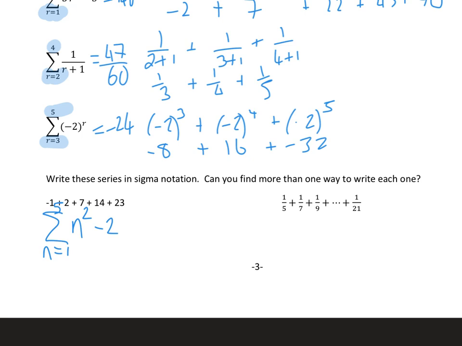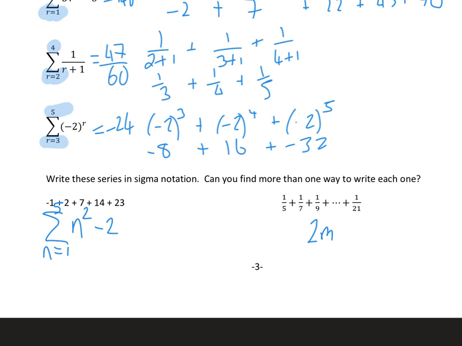Okay. The next one, I've got 1 over 5, add 1 over 7, add 1 over 9, all the way up to 1 over 21. So if I ignore the 1 overs and just look at the numbers in the bottom, 5, 7, 9, 11, 13, etc., it's going up in 2s. So I can think of this, and let's use m just to change it up, 2m.